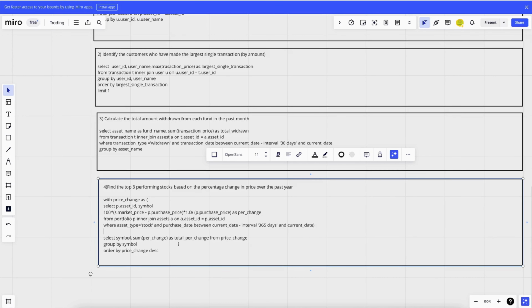So in the final output, we need to know the symbol and the sum. So I need to have these two here, and I'll create a rank here. So that will be rank over.